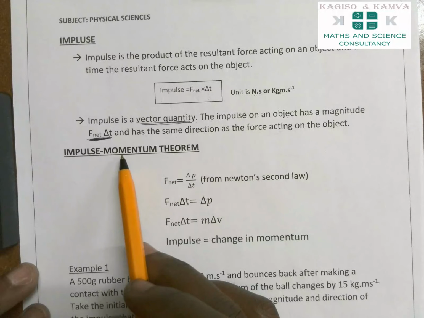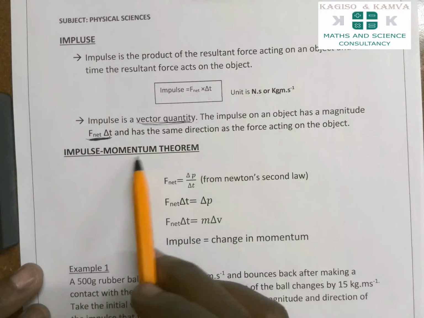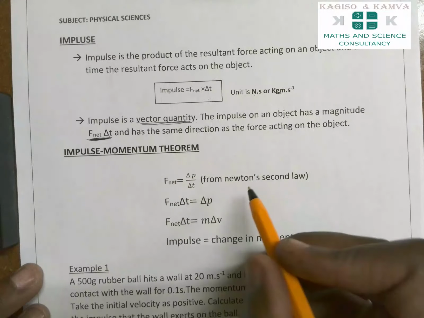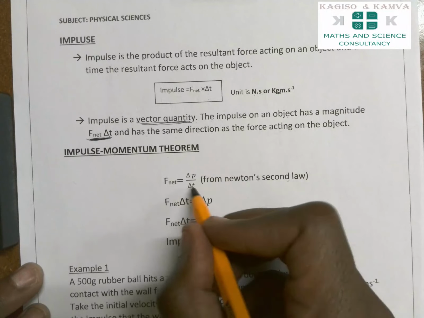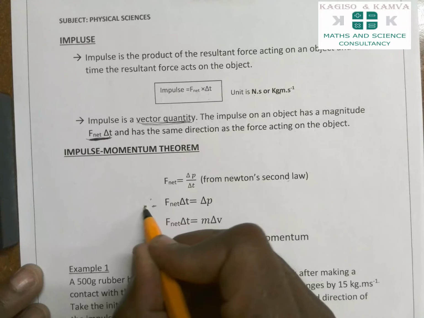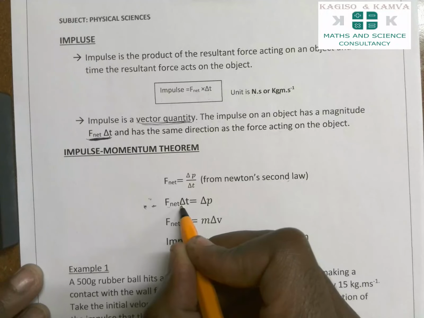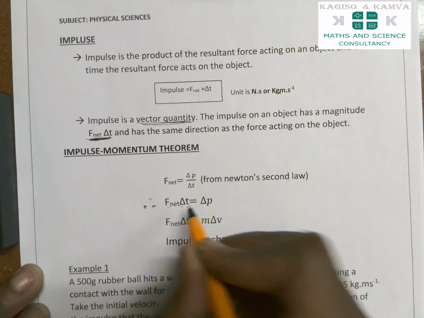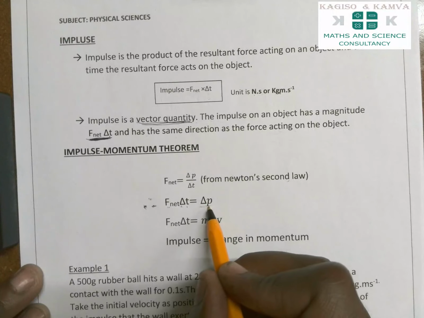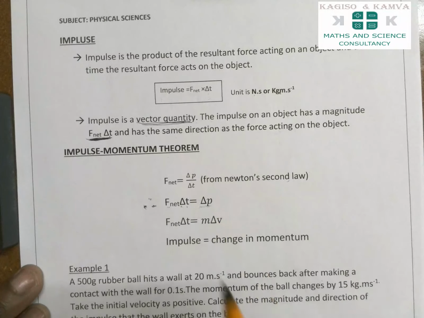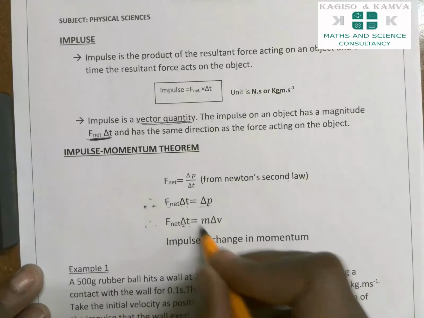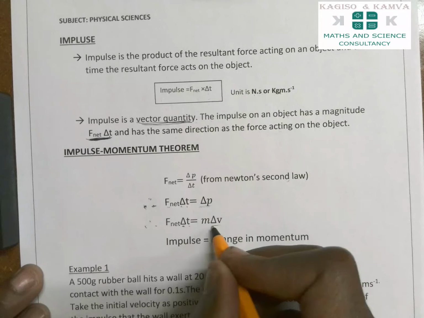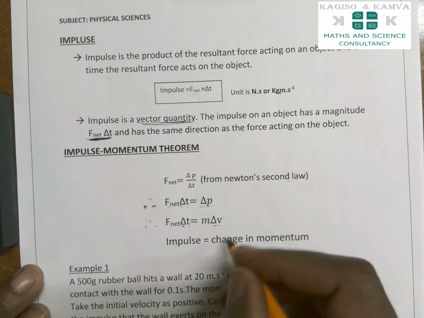Okay, good. We also have the impulse momentum theorem. Where is the impulse momentum theorem coming from? From Newton's second law. If we cross multiply the two, we're going to have net force times the change in time, which is equal to the change in momentum. So F net times the change in time equals the change in momentum, because the change in velocity is Vf minus Vi.